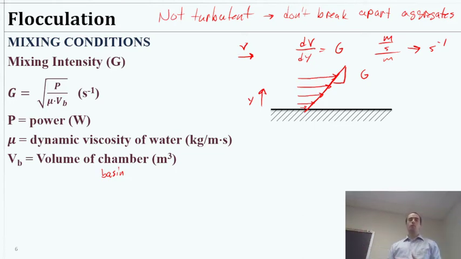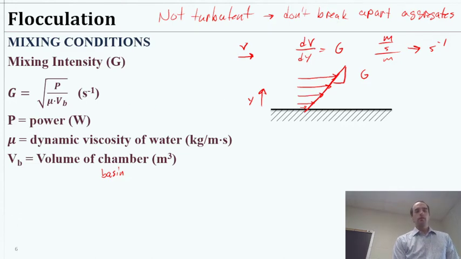So we've been dealing with a few different volumes, a few different V's. This uppercase V subscript B is going to be the volume of the basin, of that chamber. So that's the power over some amount of water that has such and such a viscosity. So you can imagine you're going to get a lot less mixing if you are trying to mix a batch of molasses. You're going to need a lot of power to get the same amount of mixing, right?